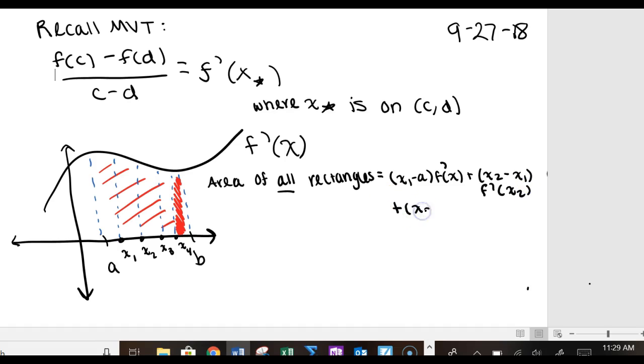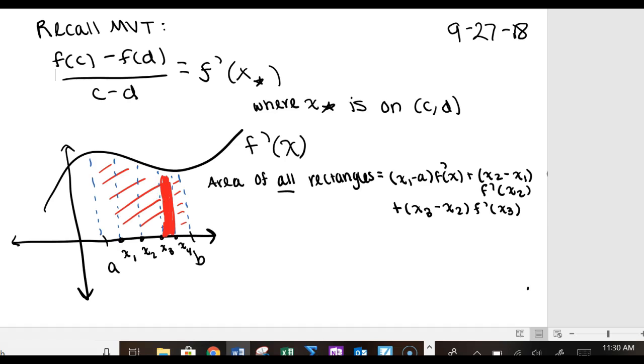Now, let's just be careful. If n is the number of rectangles, the first rectangle's right endpoint is x sub 1. At b, this x coordinate right there, I could call it x sub n, which means this is x sub n minus 1. Let me repeat that.